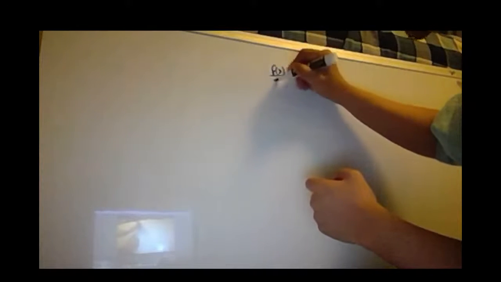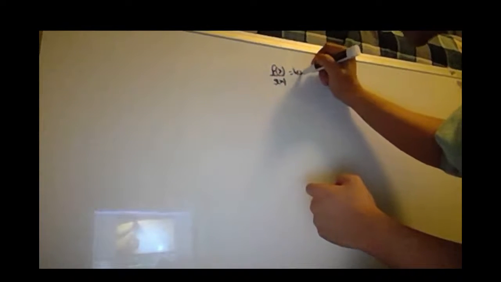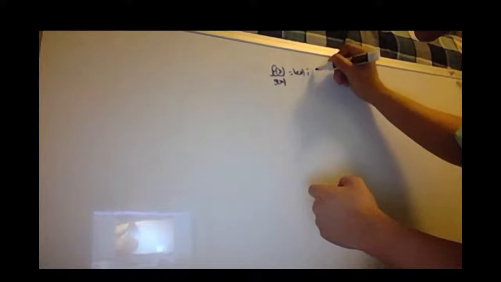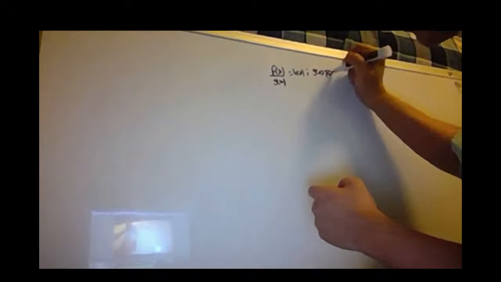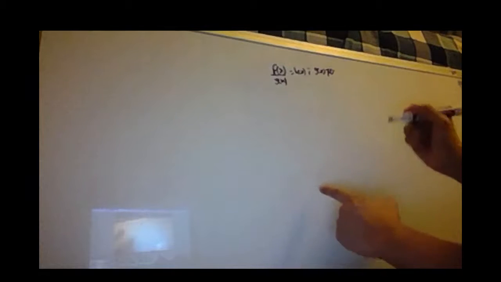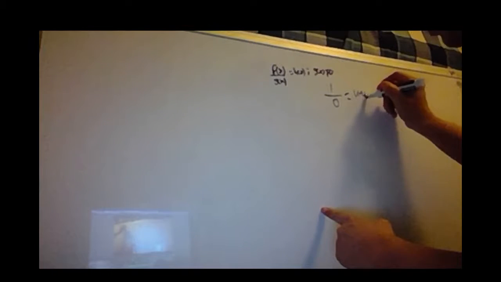Like I said, the most basic definition I could give you guys was to just say that it is a fractional function. So basically, f of x over g of x equals h of x, such that g of x does not equal 0. And I already said why. The reason it cannot equal 0 is because if we have 1 over 0, that is undefined. So it cannot equal 0.